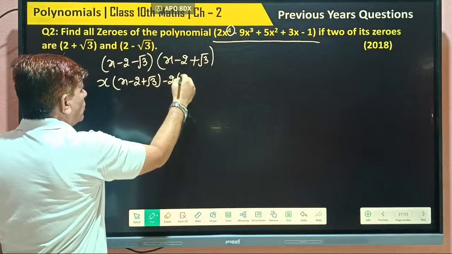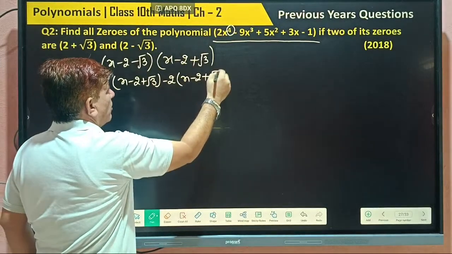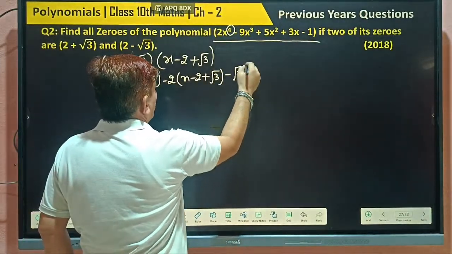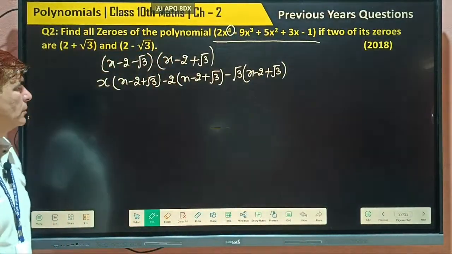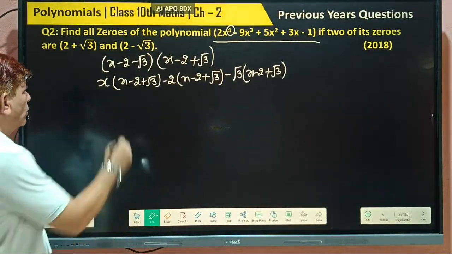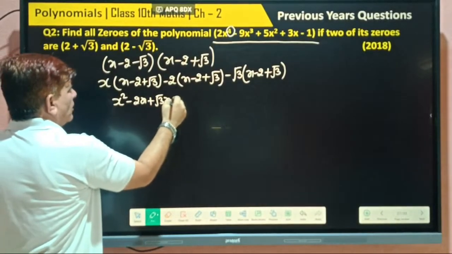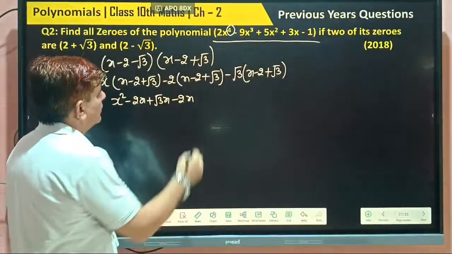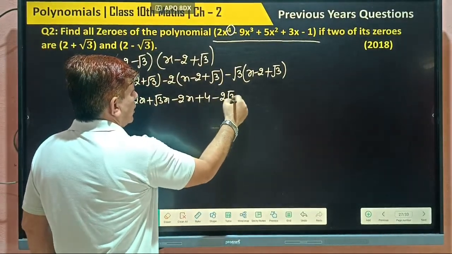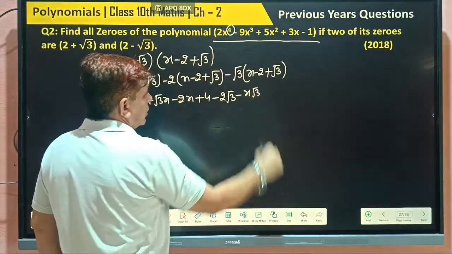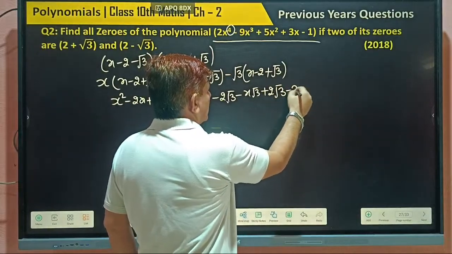Then minus 2 taken common, x minus 2 plus root 3. And then minus root 3, x minus 2 plus root 3. So how can we solve? This becomes x square minus 2x plus root 3x minus 2x plus 4 minus 2 root 3 minus x root 3 plus 2 root 3 minus 3.